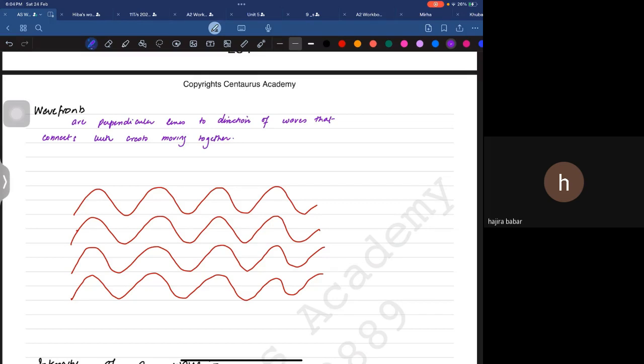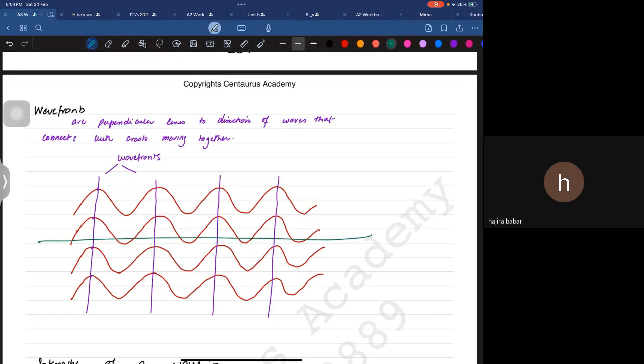Which means these top parts are all crests. So if you draw a straight line, that would be a wavefront. Same goes here, wavefront. Same goes here, wavefront. Only crests are connected. These lines that you see are wavefronts, and the direction of wave is like this. So the wavefronts are always 90 degrees to the direction of wave.